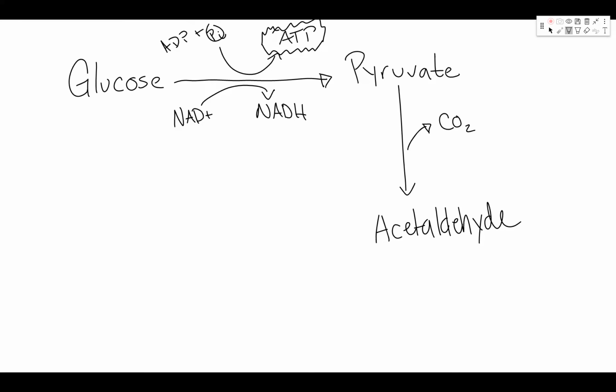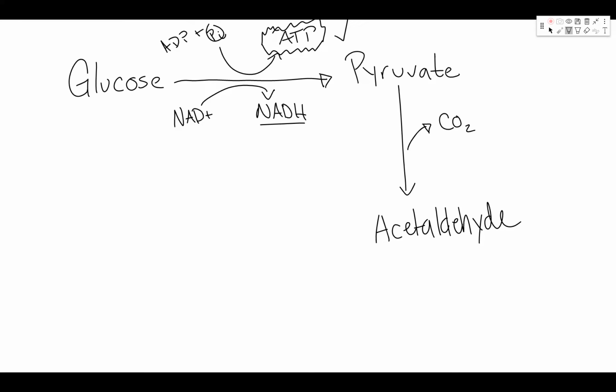But now we have NADH, but in order for glycolysis to keep happening, we need enough NAD plus to keep this going, right? If we don't have NAD plus, we cannot do glycolysis. And glycolysis is where these organisms are getting their energy. So we need to regenerate that NAD plus, which is the whole process of fermentation.